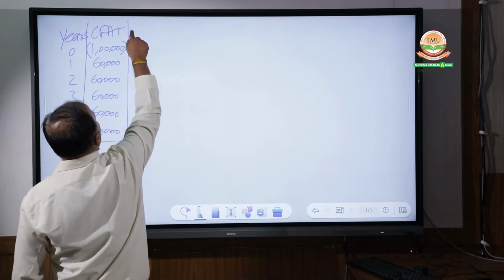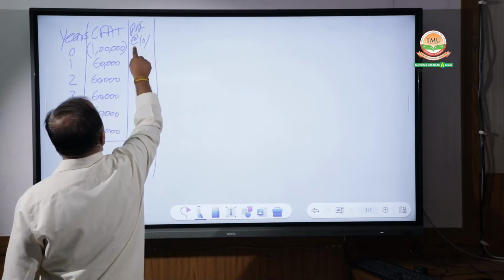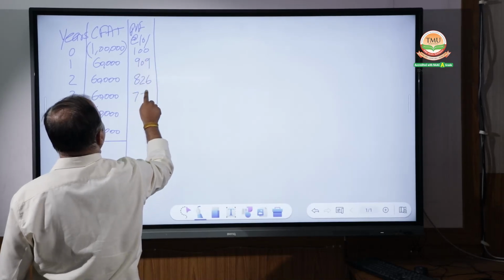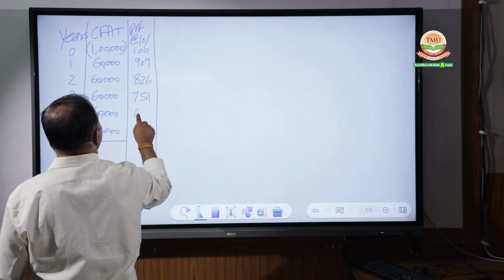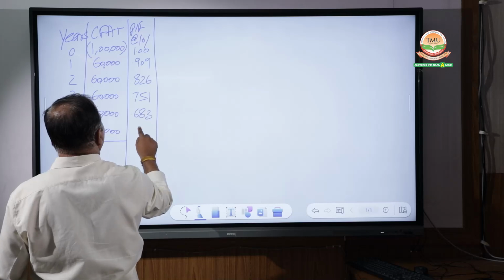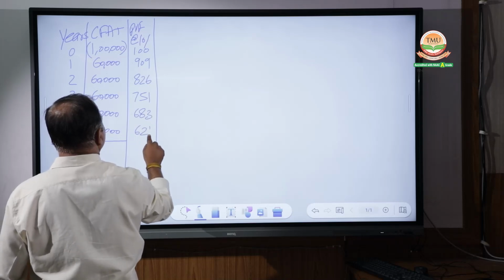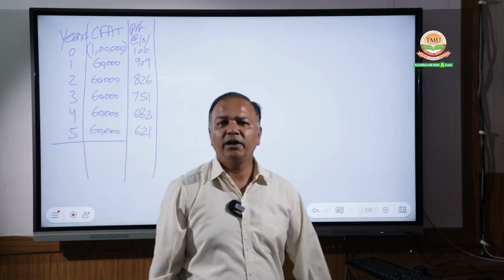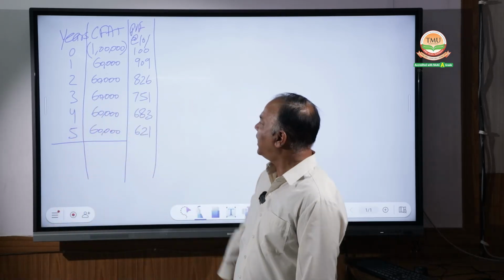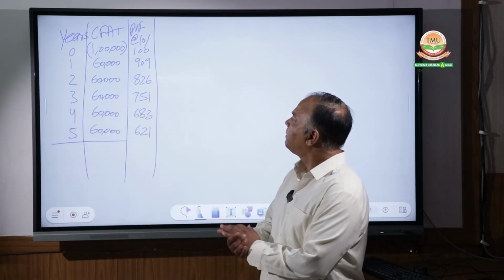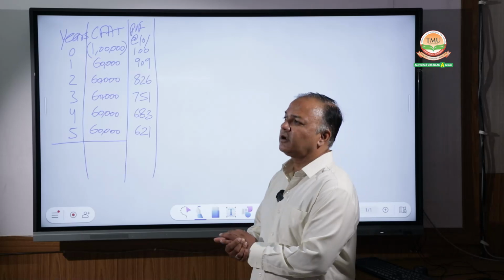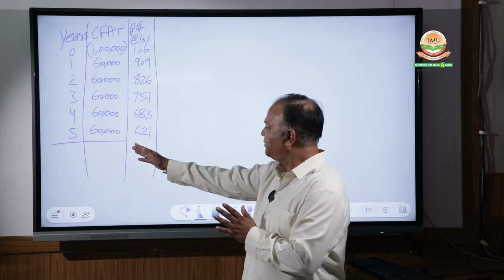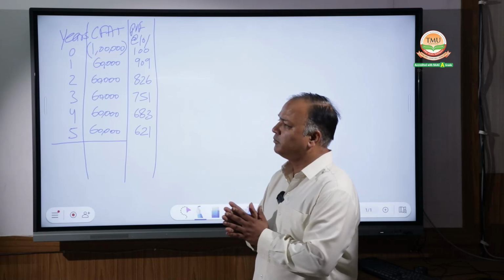Now the present value factor at 10%: 1, 0.909, 0.826, 0.751, 0.683, 0.621. So first of all, simply write down the present value factor. I have written it. Now after that you have to calculate present value. Whenever you have to calculate present value, simply multiply both the columns.